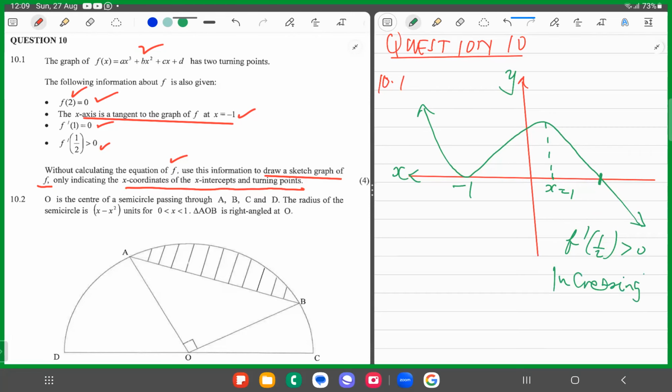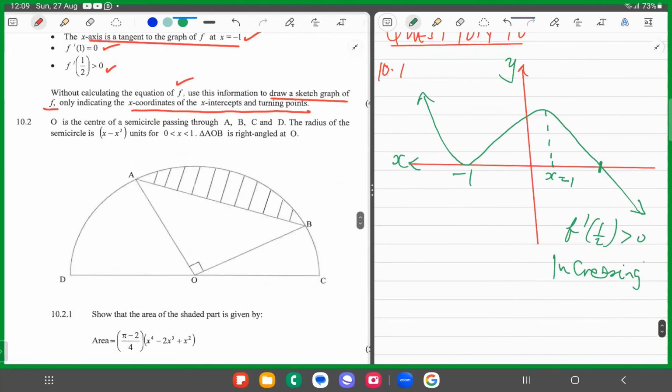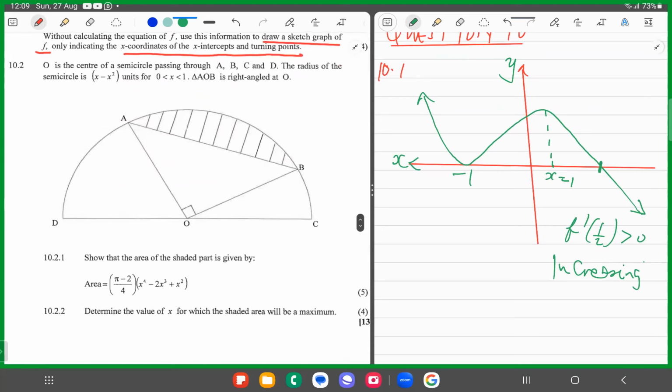Okay. Now we continue to look at 10.2. O is the center of the semicircle passing through A, B, C, and D, and the radius of the semicircle is x minus x squared units for x lying between 0 and 1.